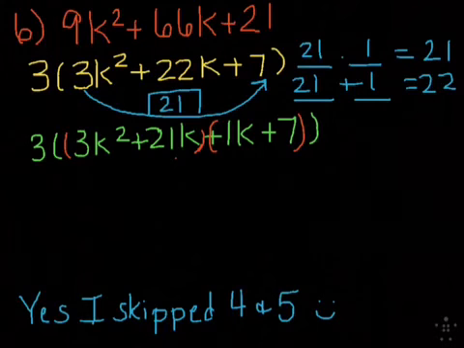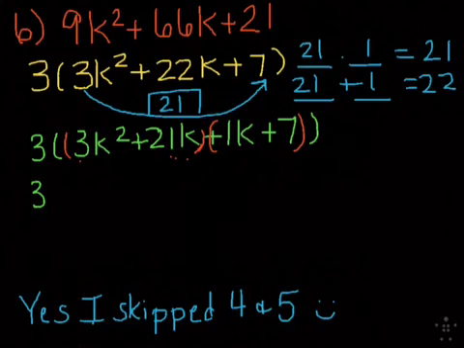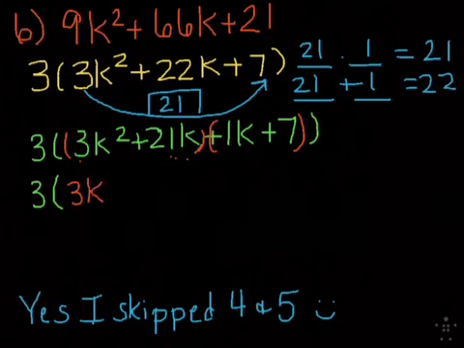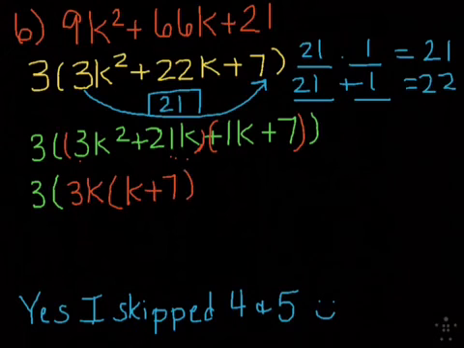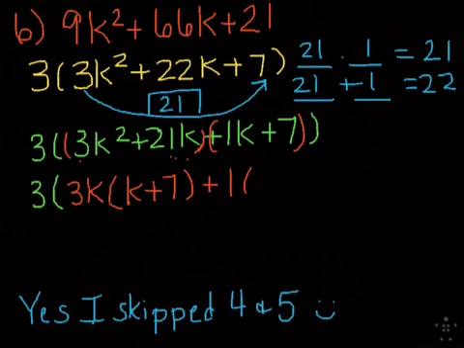So this set of parentheses, we have a 3k in common. So I bring down that GCF. In the first set of parentheses, I'm going to have a 3k factored out. So I have 3k, then I have k plus 7 left. In the second group, all they have is a 1 in common, so plus 1 times k plus 7.